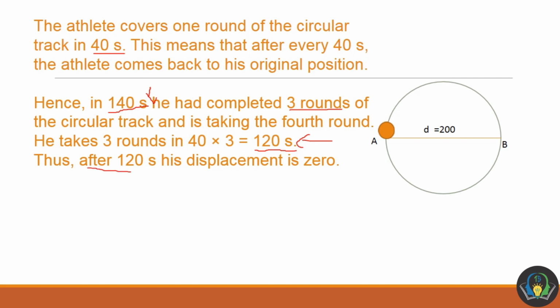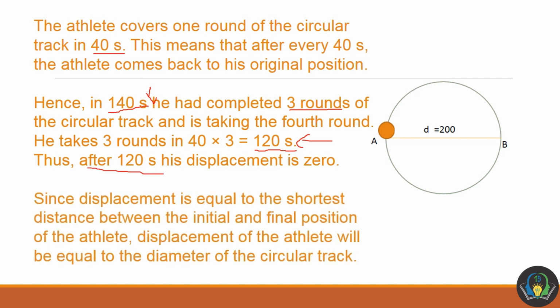So after 120 seconds, his displacement is 0. Since the displacement is equal to the shortest distance between the initial and the final position of the athlete, the displacement of the athlete will be equal to the diameter of the circular track, which is from point A over here to point B, directly along this particular path.